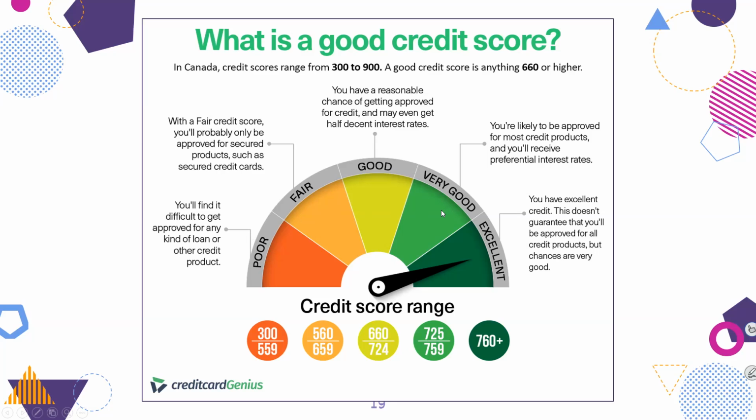If you have a very good score, so between 725 and 759, you're likely to be approved for most credit products, and you'll probably get a good interest rate. And if you have a score of 760 or above, you have excellent credit. It doesn't guarantee that you're going to be approved for everything, but your chances are really good.